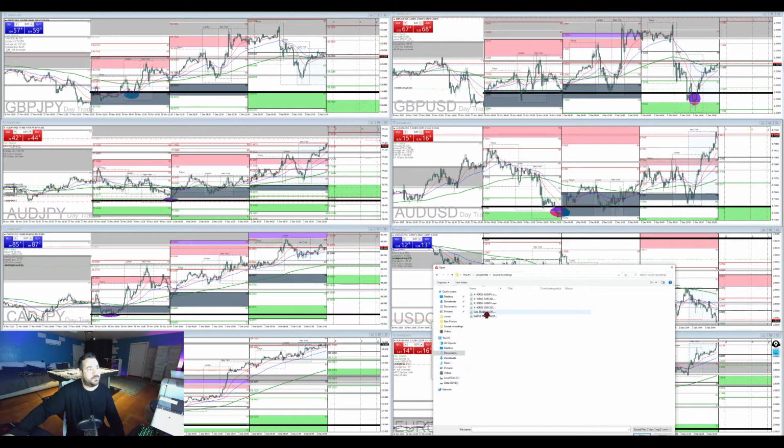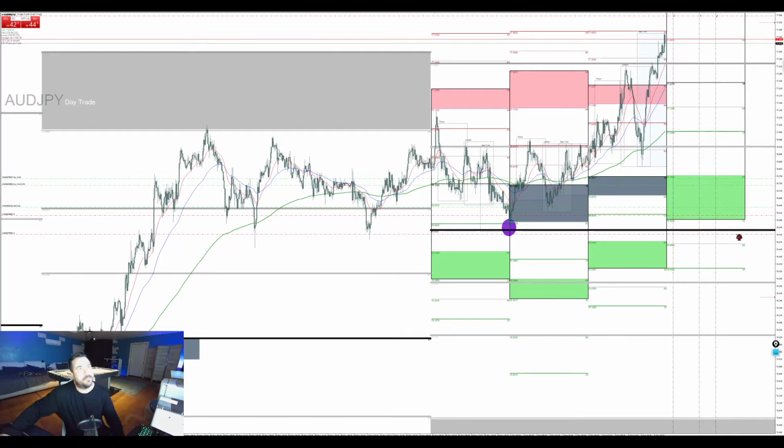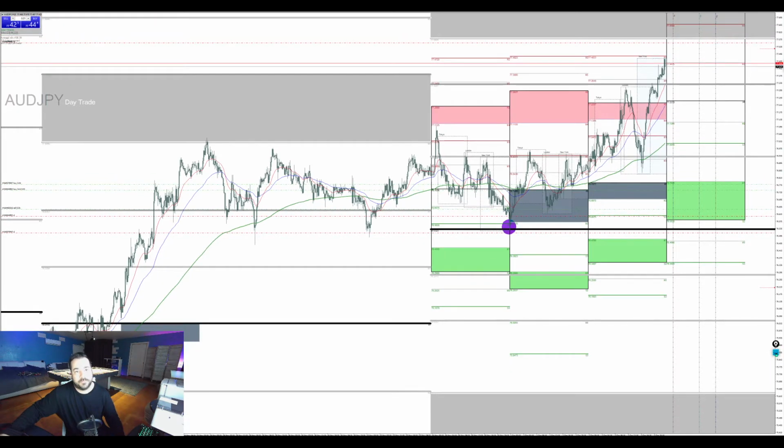this is the issue. Let's expand this here. This is the issue with this one. This gray area in here is the weekly take profit zone. So if we come here first, and this is my buy box, right? This is the buy zone, right?